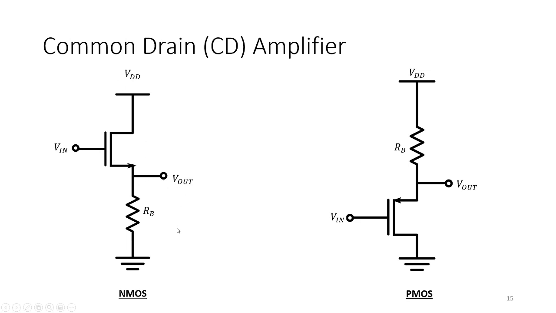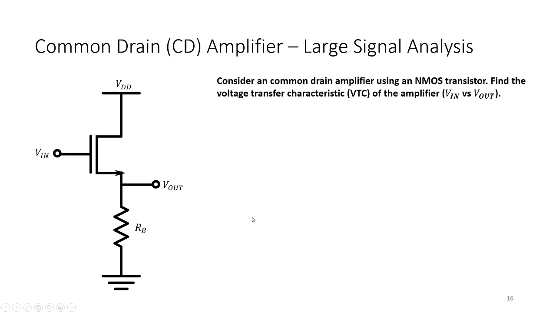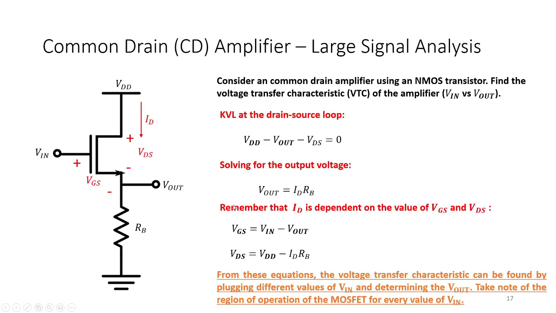From here, we can also calculate the VTC of this type of amplifier. If you consider this common drain for an NMOS, we can calculate it using the pertinent equations. VDD minus Vout minus VDS equals 0. And then Vout is simply ID RB.